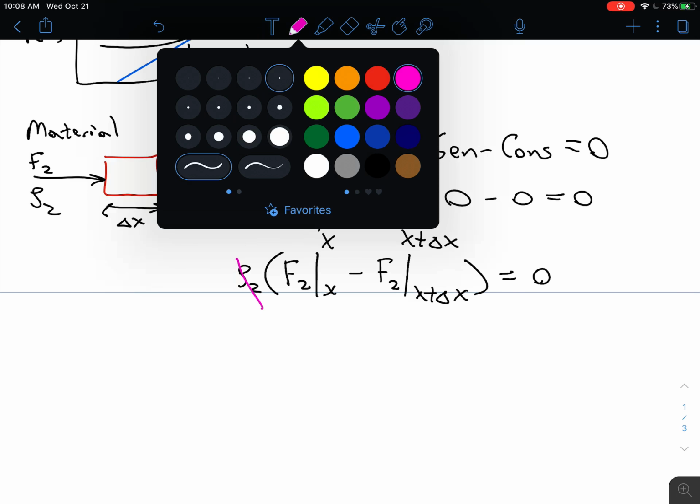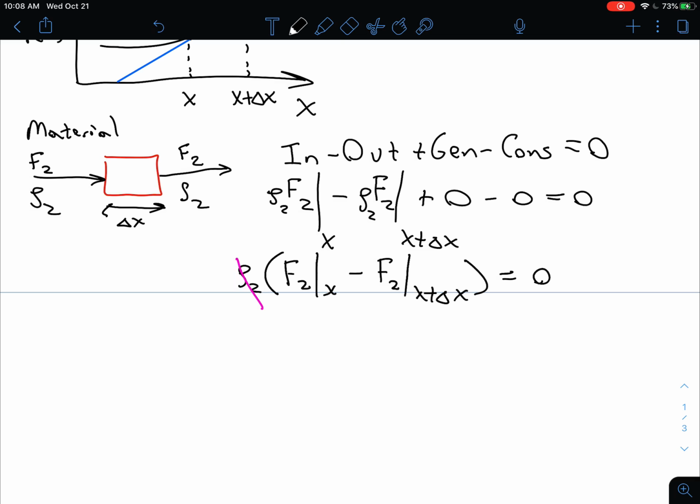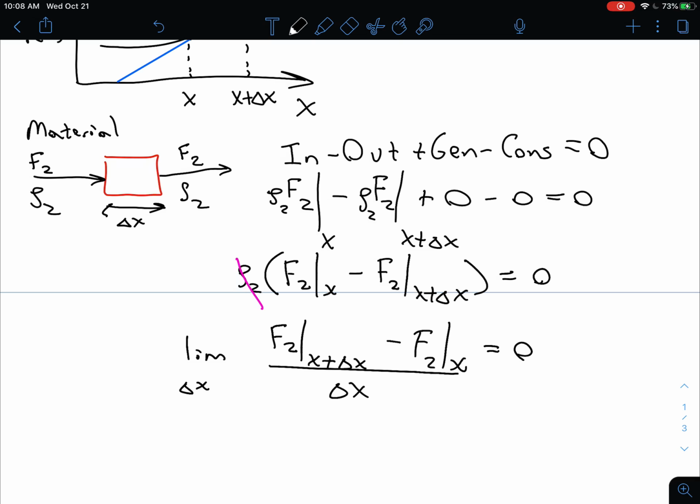I can also multiply by -1, and I get F2 at x plus delta x minus F2 at x equals 0. I can also divide by delta x, because it's just 0 on the other side. I can take the limit as delta x goes to 0. And then this, by definition, is just dF2/dx.